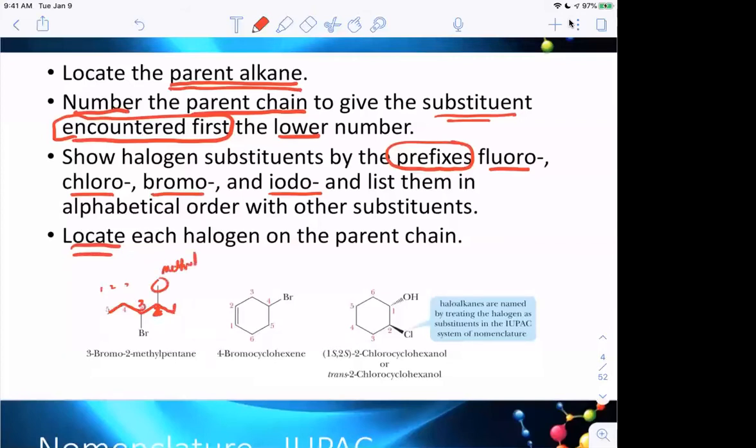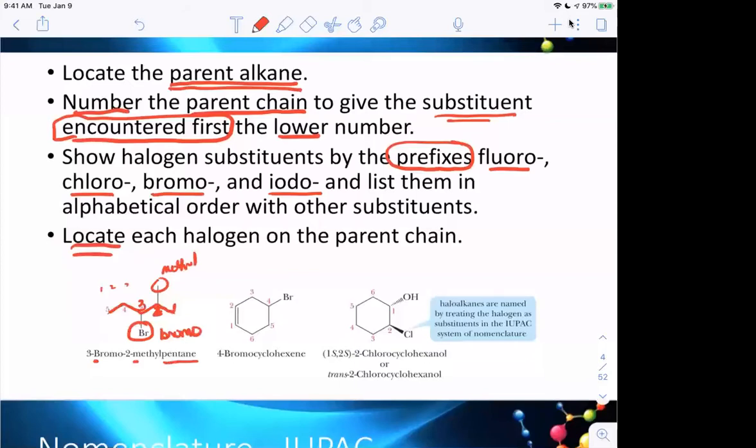On my 3 carbon, I have a bromo group. And it is a 5 carbon chain, so it's going to be a pentane derivative. Now, I have 2-methyl and I have 3-bromo. The B comes before the M in my alphabetical order. So the full name for this is going to be 3-bromo-2-methylpentane.